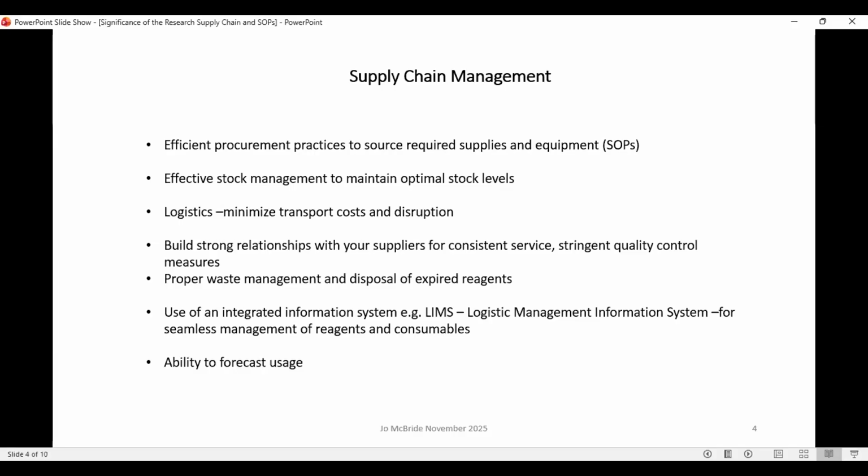And for these, you actually need SOPs, and I will go into the SOP structure later. But it's so that you have a process to follow. When you're buying something, where do you go? Do you have a list of reliable suppliers that you always use? Who can you use as backup?